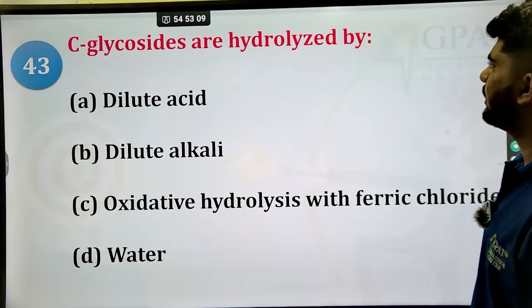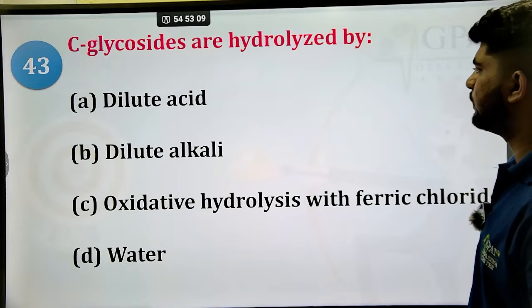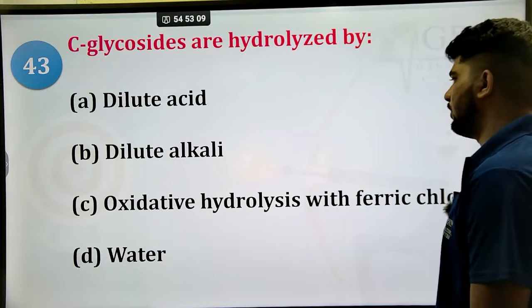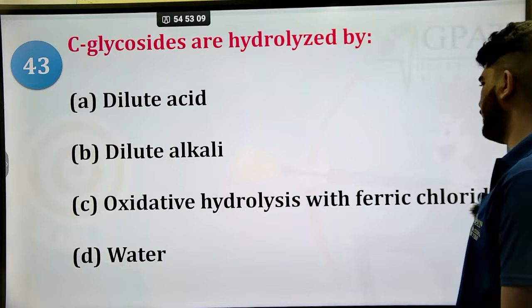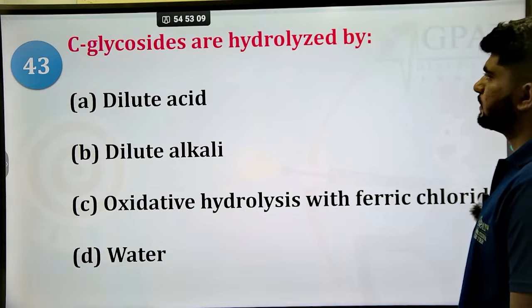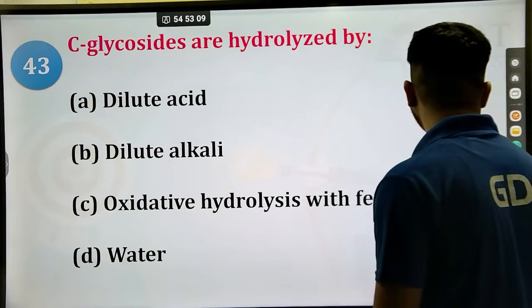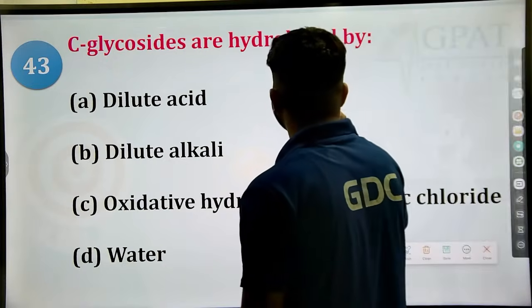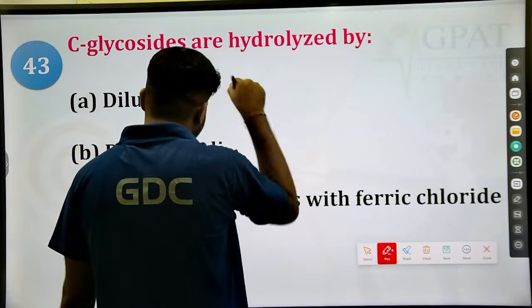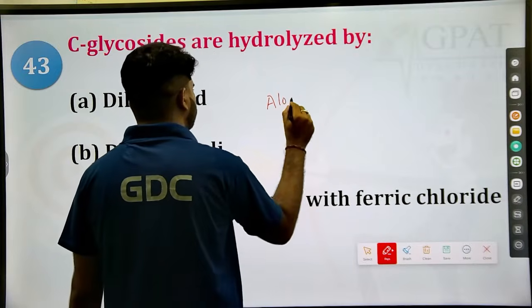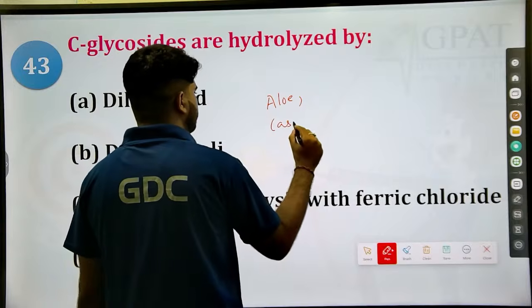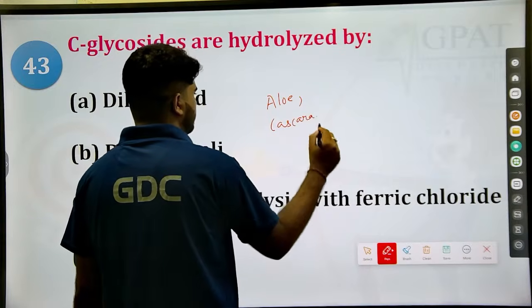Now, C-glycosides are hydrolyzed by dilute acid, dilute alkali, oxidative hydrolysis with ferric chloride, or water. C-glycosides contain aloe and cascara, right?